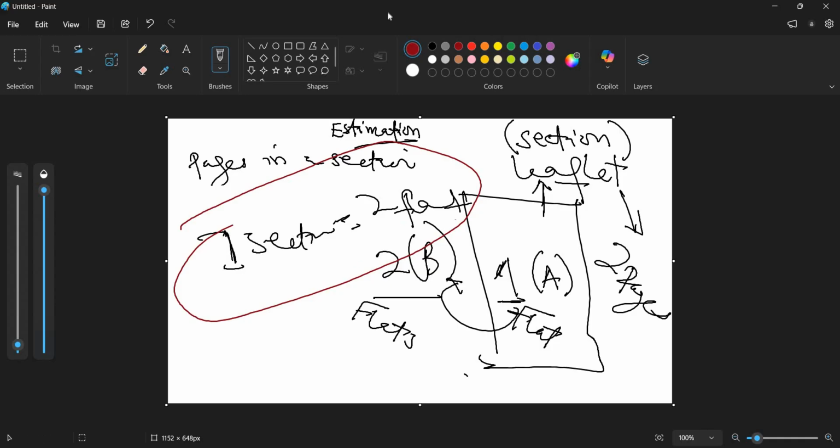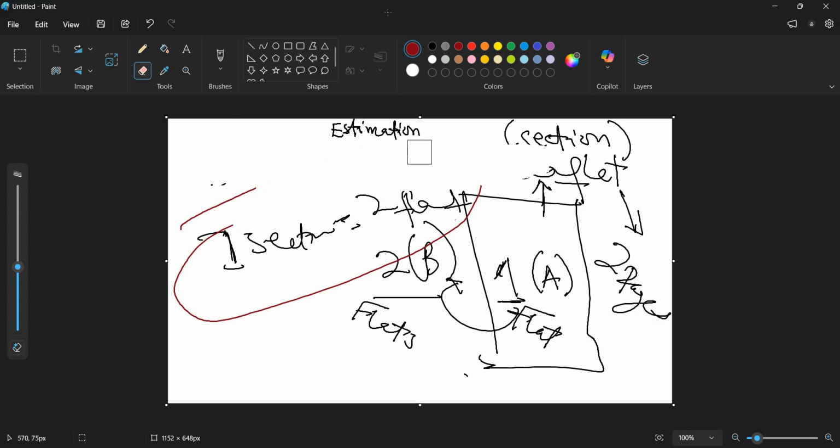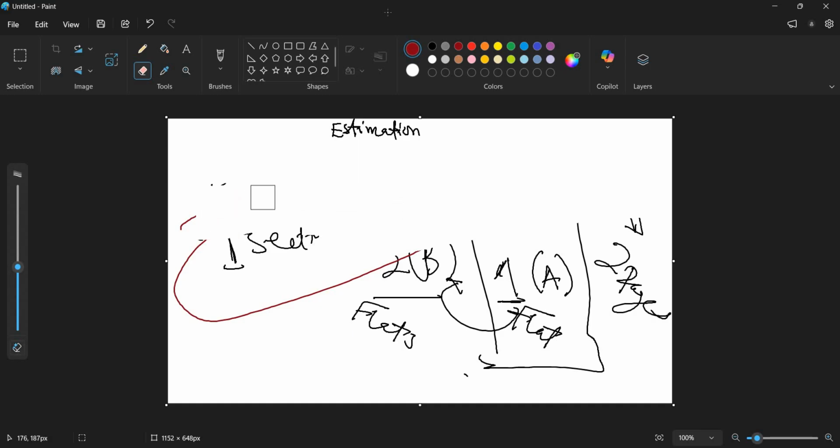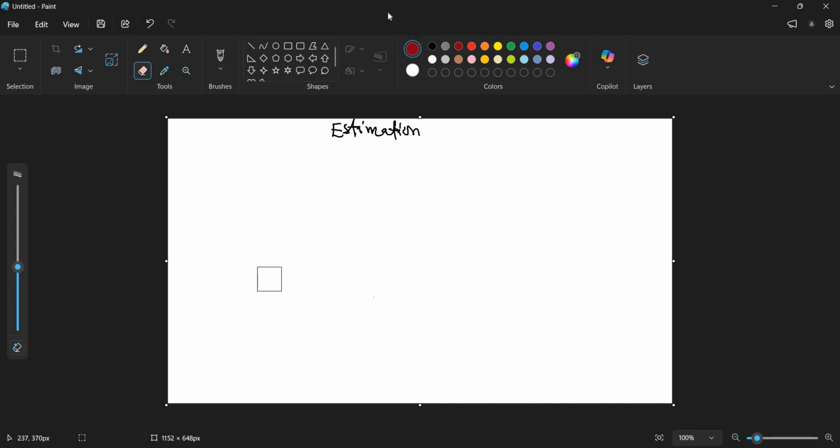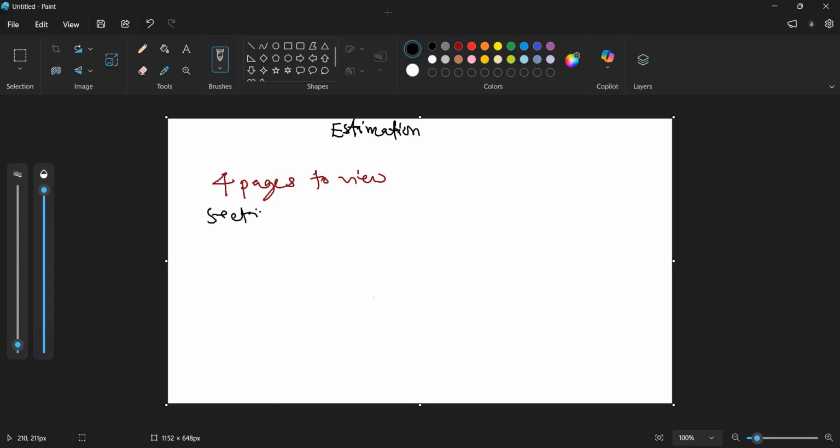Alright, so after solving for pages to view, we had 4. We are still building on the question that we had. We had 4 pages to view, and now we are solving for sections.